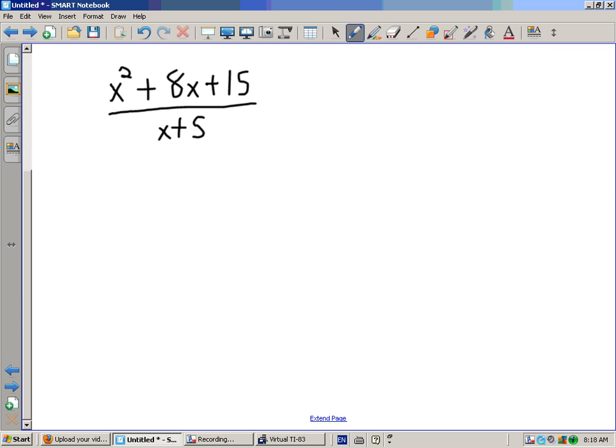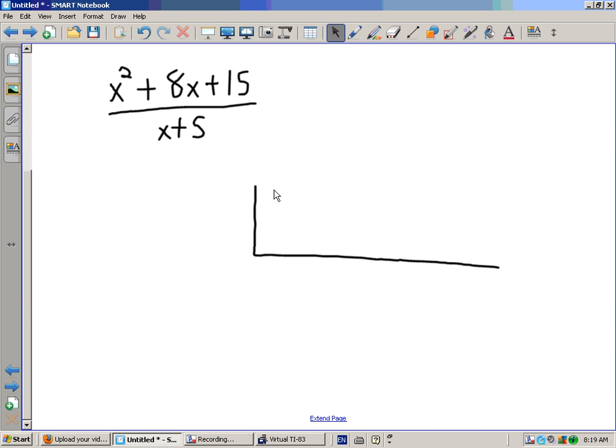Here's how synthetic division works. First, we draw this shape here. It looks a lot like a regular division sign, but it's been flipped over. And we need to leave some room right here and right here for two rows of numbers.